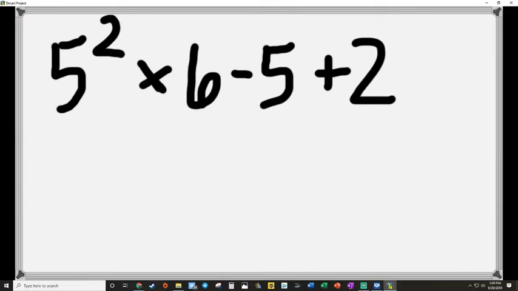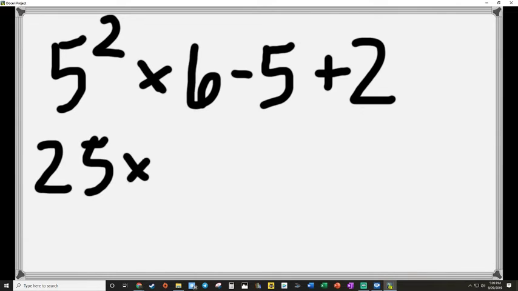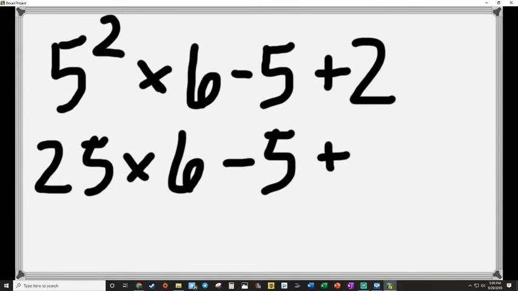So 5 squared is essentially just 5 times 5, which equals 25. So we'll rewrite the complete problem, which is 25 times 6 minus 5 plus 2.